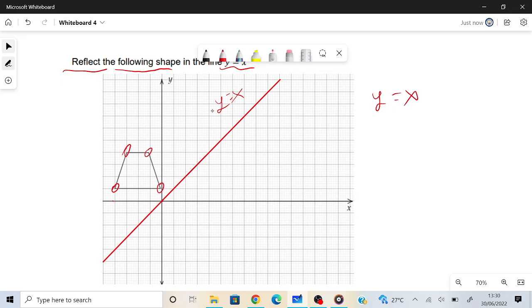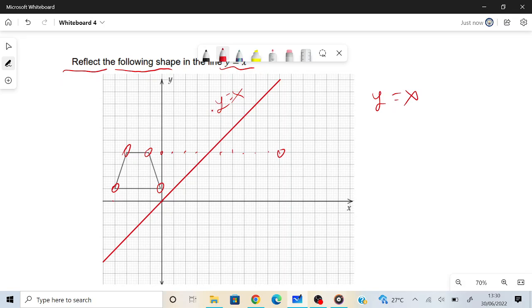Now a lot of mistakes students make is that when you are trying to reflect in a line that's not exactly straight, not vertical, not horizontal, as you can see this is slanted, they go like this. They would count, so 1, 2, 3, 4, 5, 6, and then reflect 1, 2, 3, 4, 5, 6.